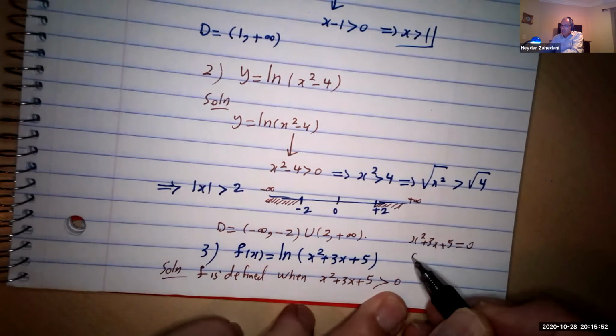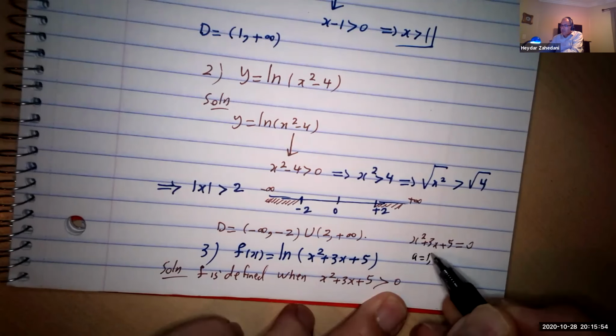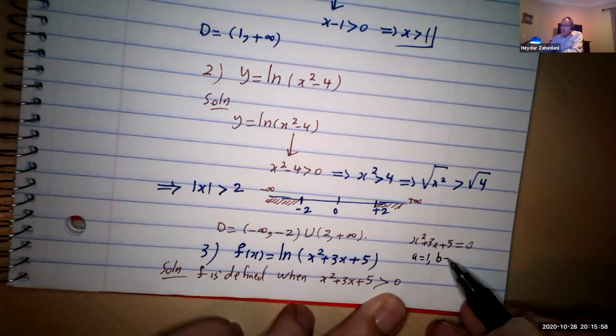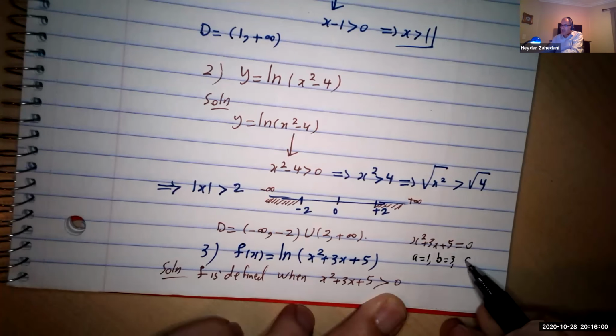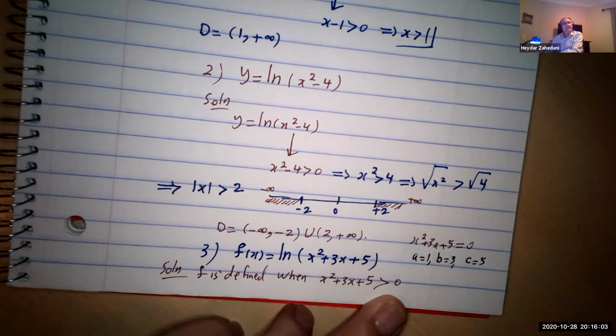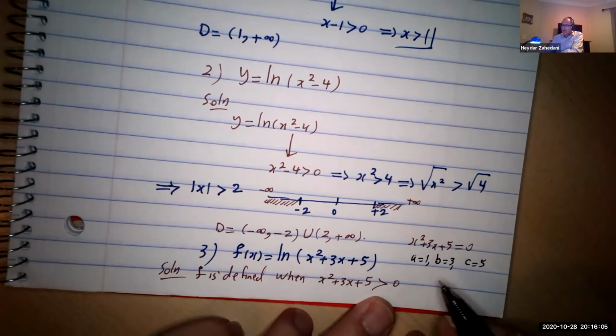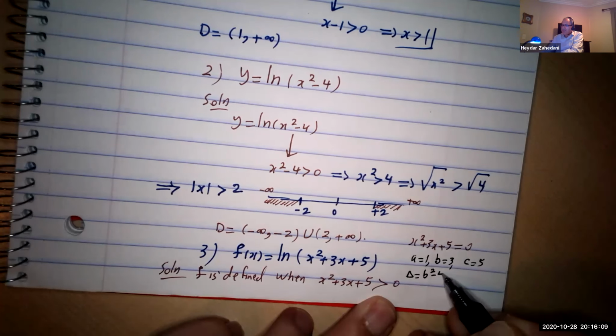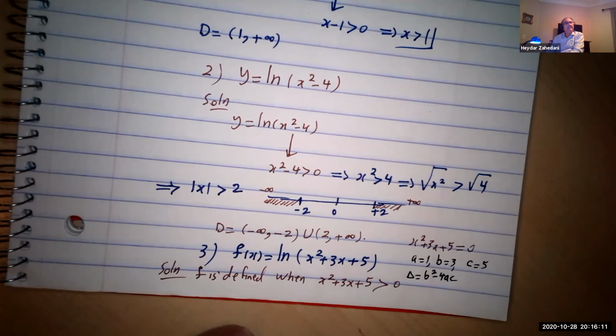So A is equal to 1, it's not factorable. B is equal to 3, and C is equal to 5. Remember, delta, or just discriminant, is b squared minus 4ac. If you substitute, your b is 3, so 3 squared would be 9.